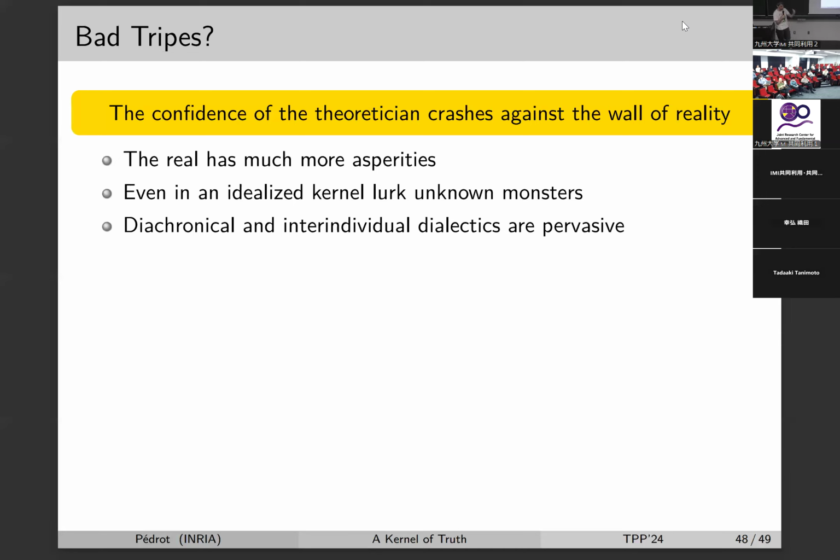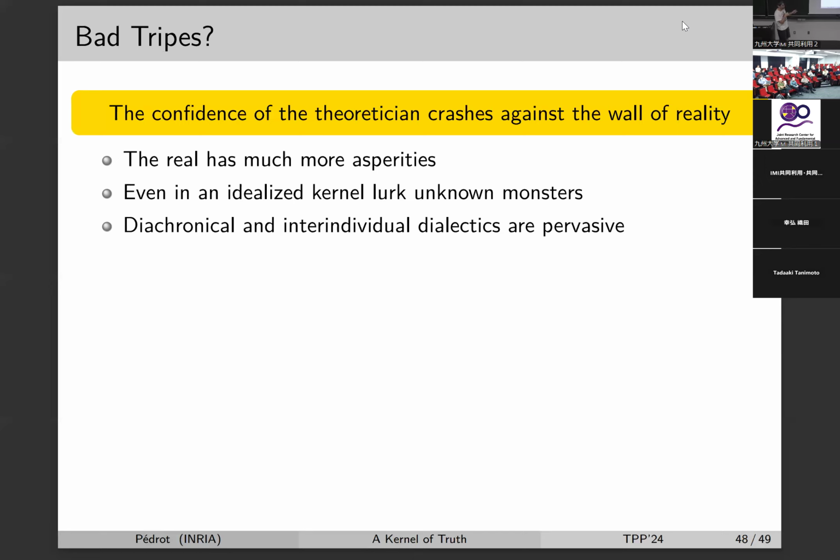And when you try to implement a proof assistant, then you realize that reality matters. And you cannot just say this is a very simple thing known for ages in mathematics or whatever. Worse than that, there is a mix between what we call diachronic and interindividual dialectics. Depending on the time of the day, you want something, and then afterwards you want something else, even as the same person, so it's a bit annoying.